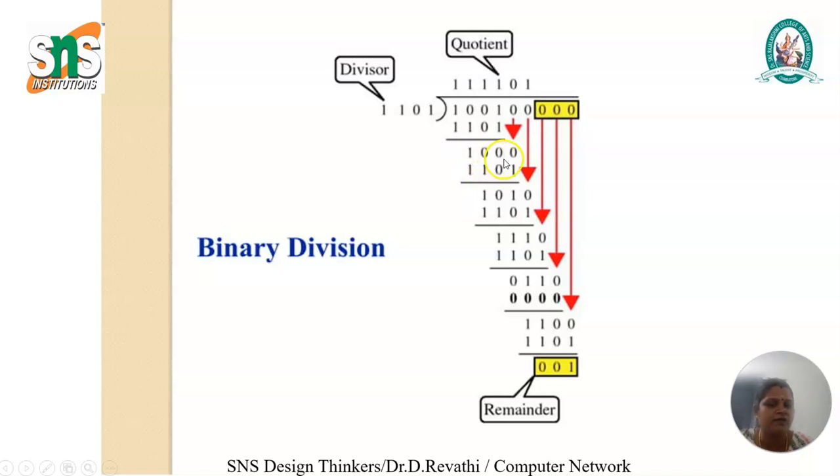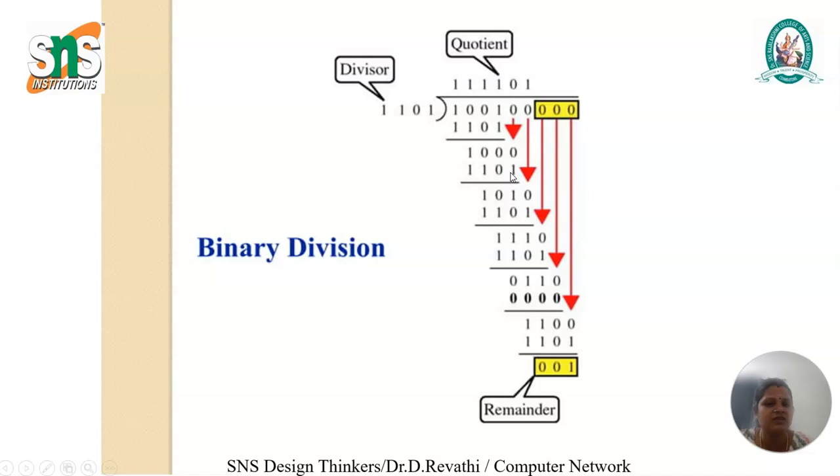We now have only 3 digits, so we extract another digit, 0, and divide with the 1.